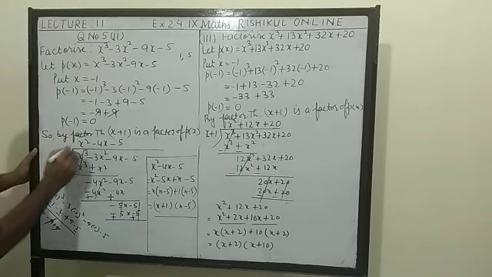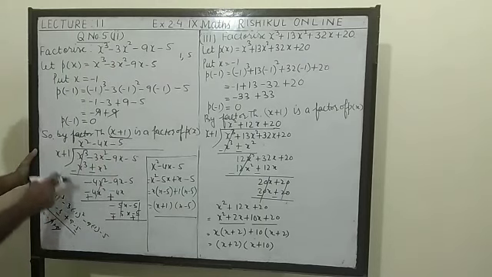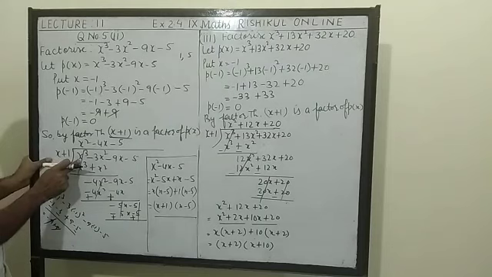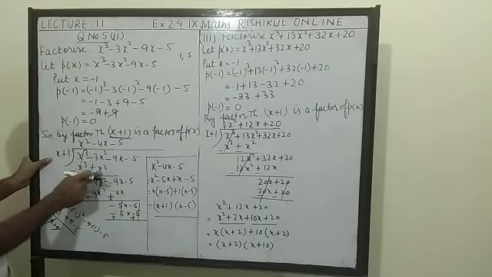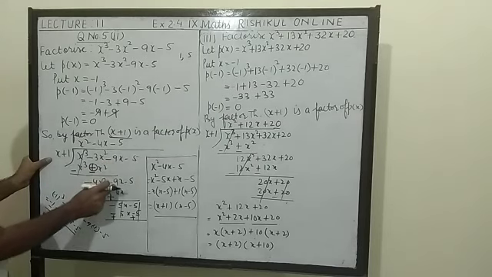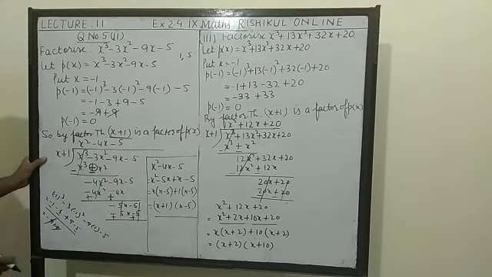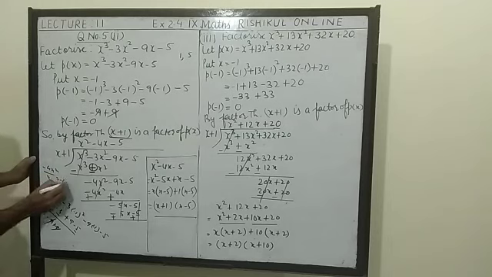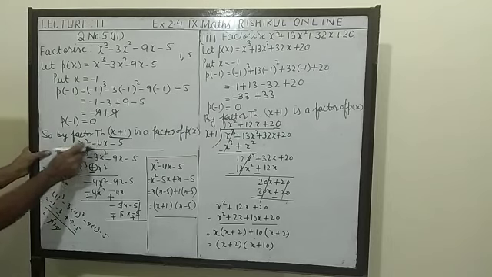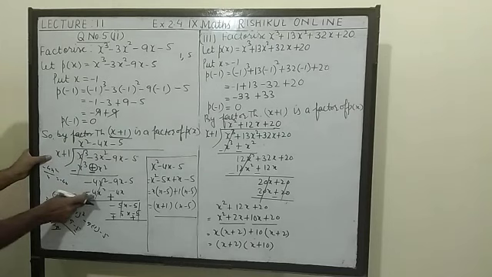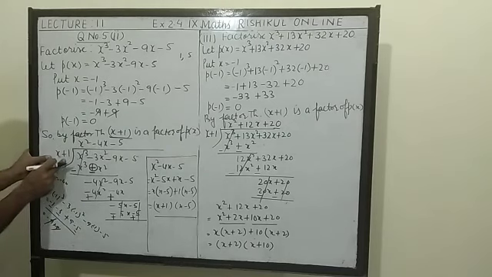x cube divided by x gives x square, x square into x plus 1 is x cube plus x square. Sign will change, so minus 3x square minus x square gives minus 4x square. Bring down minus 9x and minus 5. Then minus 4x square divided by x gives minus 4x, minus 4x into x plus 1 is minus 4x square minus 4x.